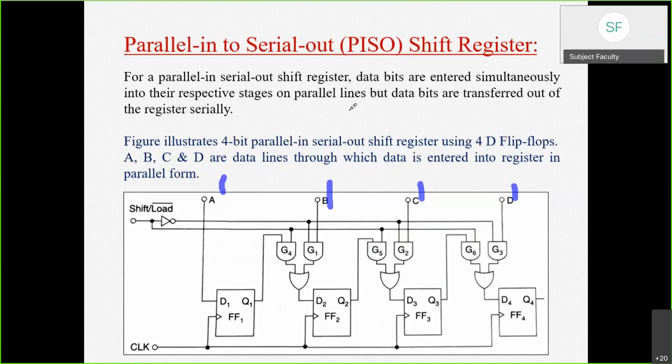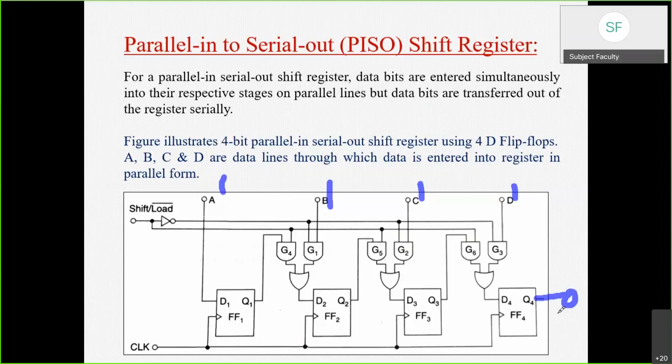So data bits are entered simultaneously into the respective stages on the parallel lines, but the data bits are transferred out of the register serially. So the output you will get is across the last flip-flop. The output terminal of your last flip-flop is nothing but the output of your shift register.